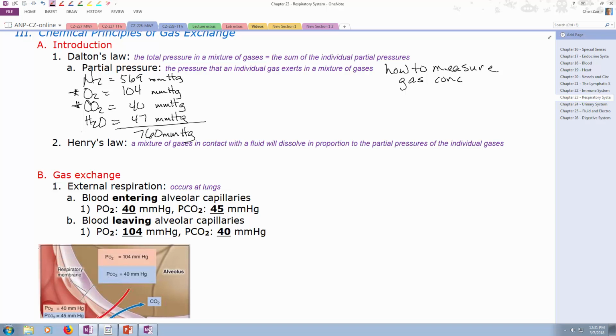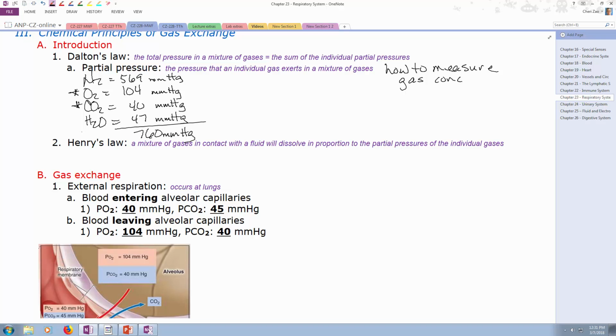And our blood is also liquid. It's got water in it. And so remember interstitial fluid, what is that? It's liquid. It's got water in it. And so this is what we have to understand, that in order to get oxygen to our cells, it's going to go through some water.